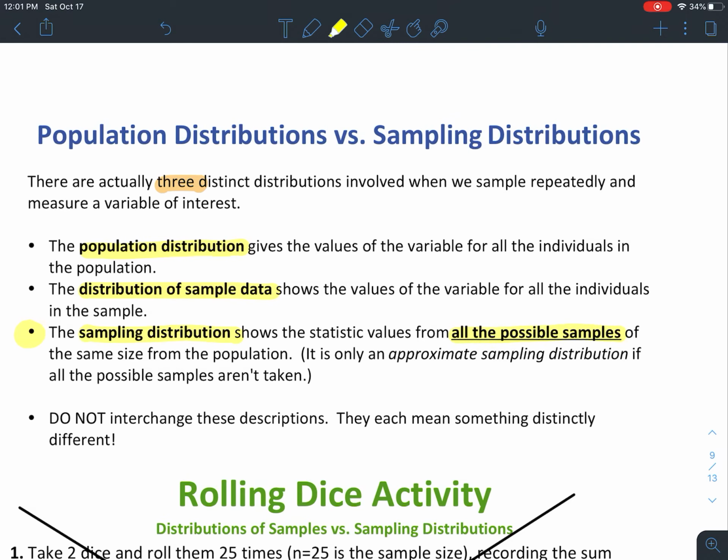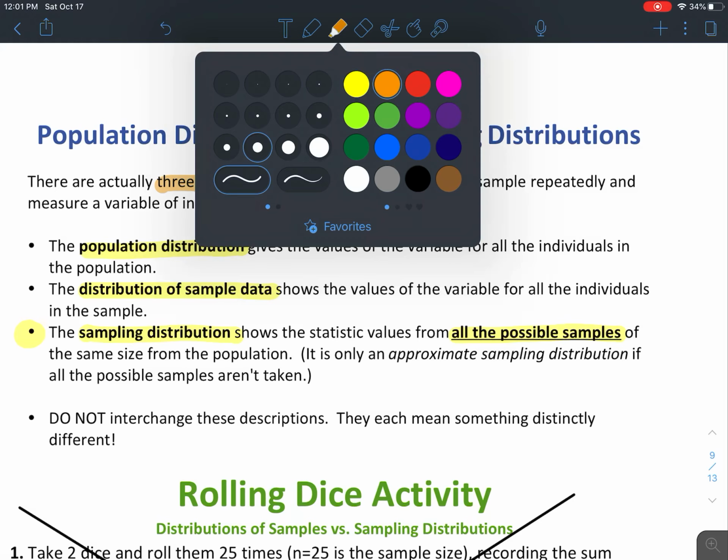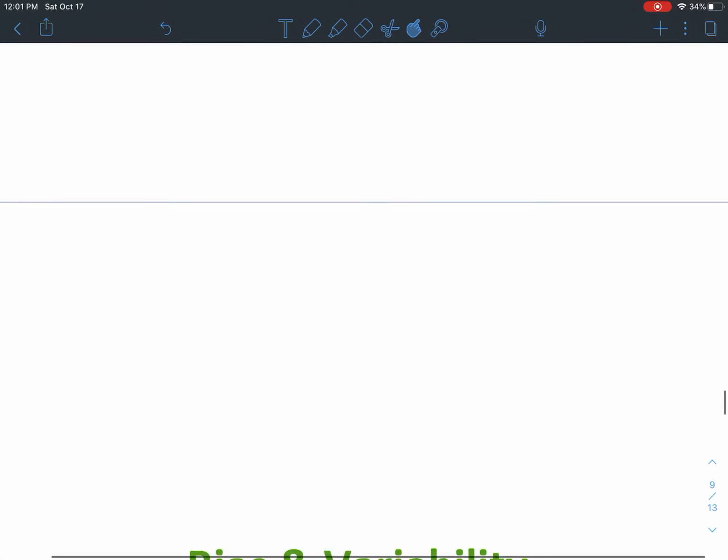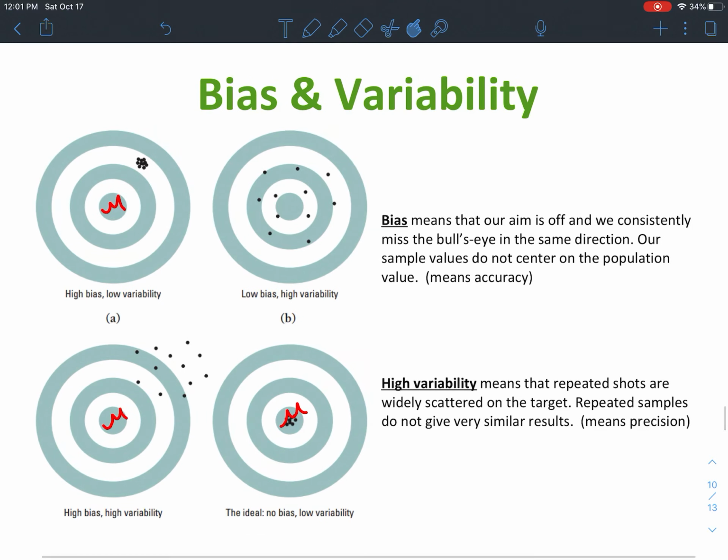A true sampling distribution is when we've taken all the possible samples of the same size. That's extremely difficult, but that's why we usually just call what we are building approximate sampling distributions. It is very important that you are not interchanging these 3 terms. They mean something very different from one another.